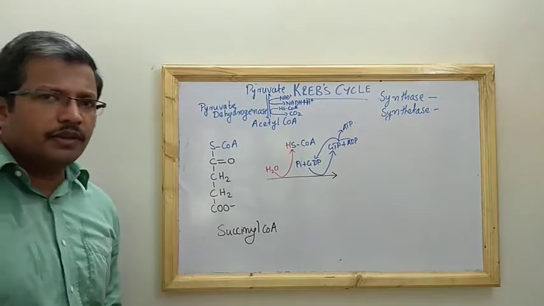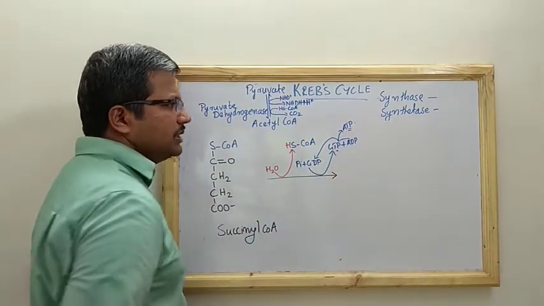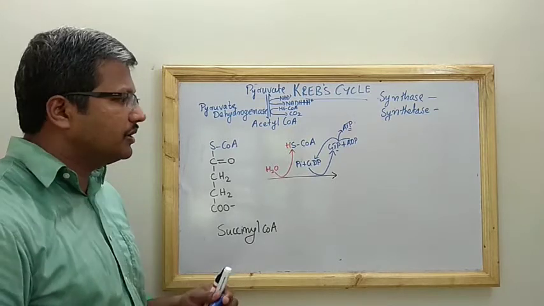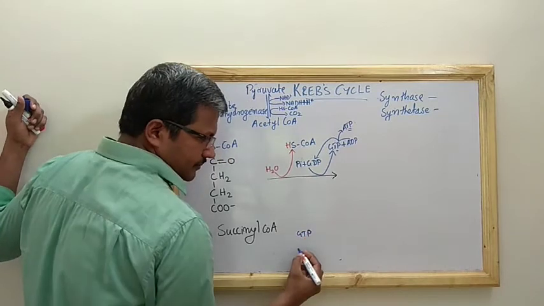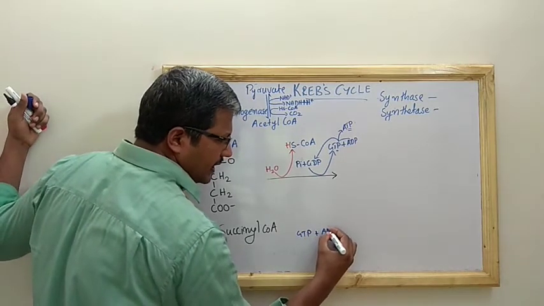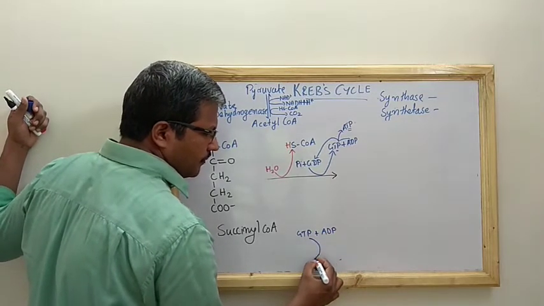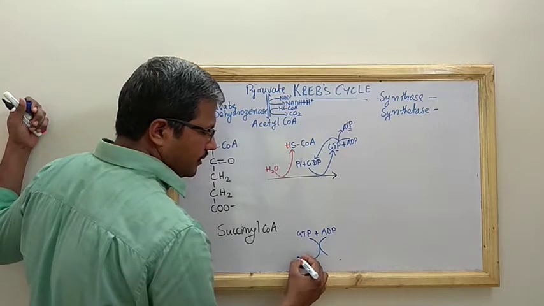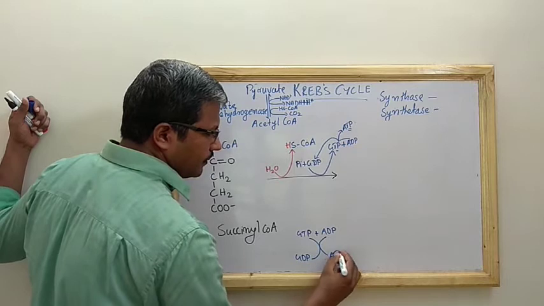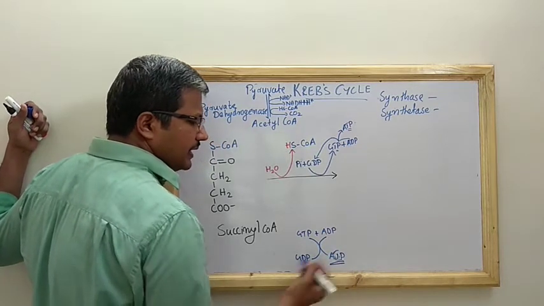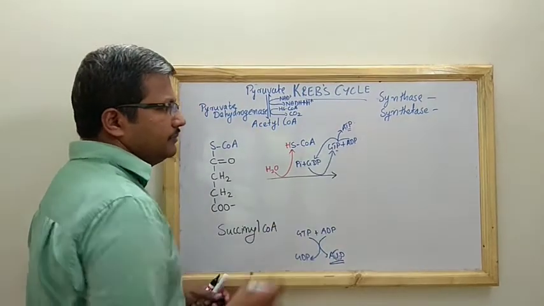That's why ultimately the product is ATP only, even though we are representing GTP here. Make sure that this particular reaction, I am representing here once more: GTP is formed, that will be combining with the ADP, and as a result GDP will be formed and ATP will be formed. And ultimately we can say that ATP is formed. Clear? So this is the process that is happening there.